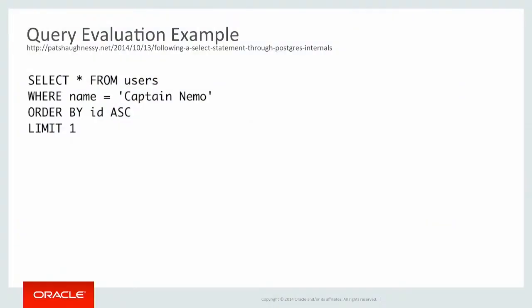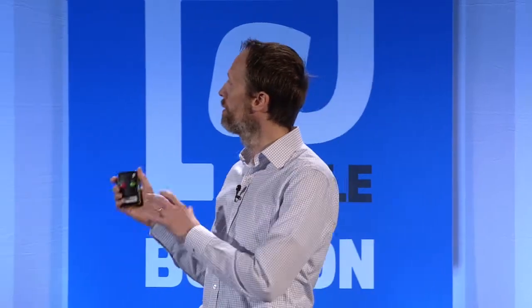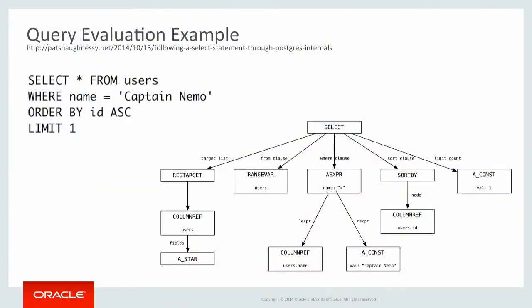So the first part is the SQL statement. It's pretty simple. Get me all the data from a table called users, where name is equal to Captain Nemo. I want to order it by the ID, and I want to take kind of the first entry. That's translated into an AST that looks something like this. So this is the Postgres AST. As you can see, this really is a way to represent the original query, but broken down into components.